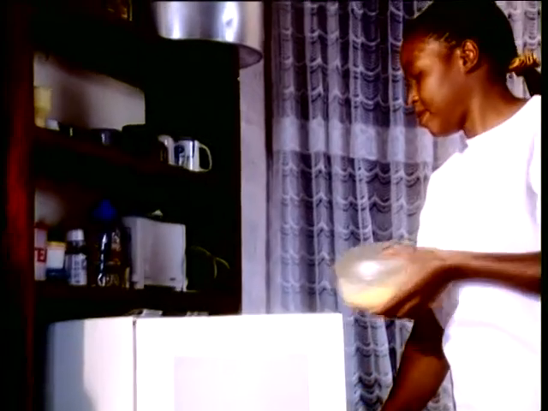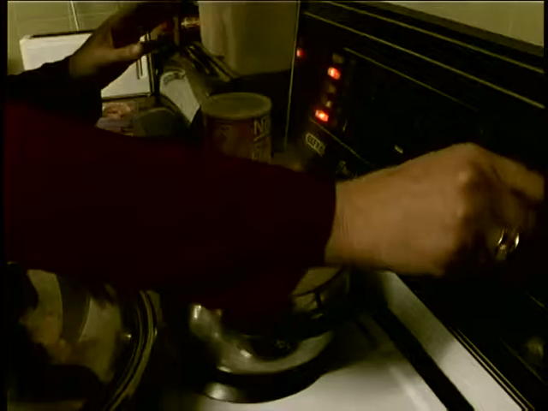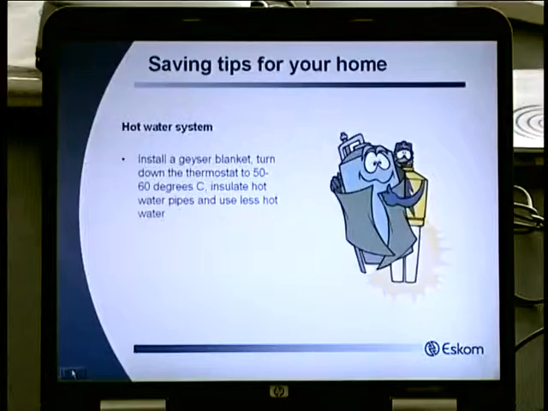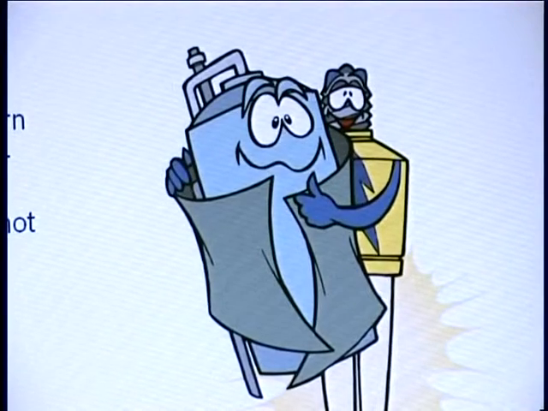How can we save energy and money in the home? Firstly, we've got one appliance in the house that uses a lot of electricity, and that is the geyser. You can save quite a bit of money by covering your geyser with a geyser blanket and doing pipe insulation as well.